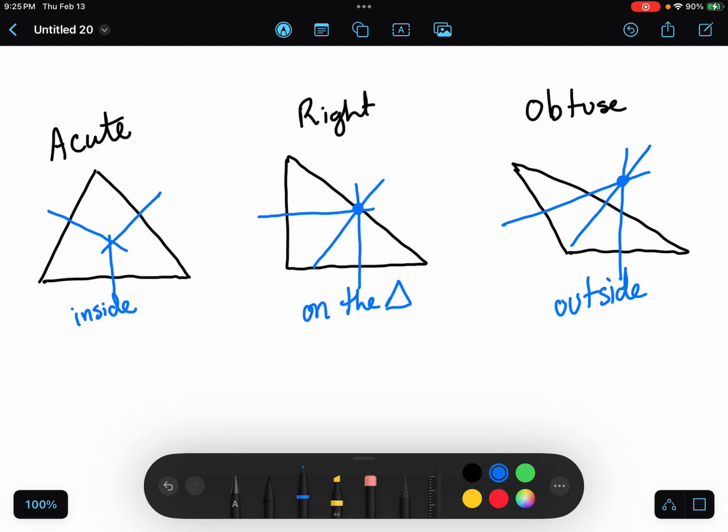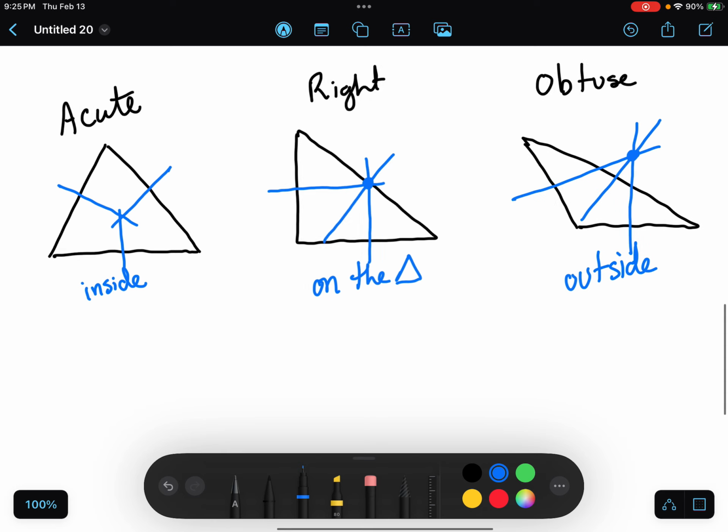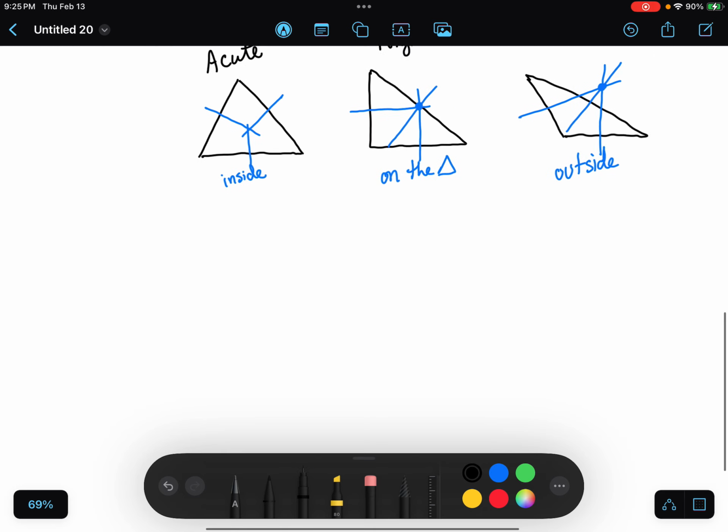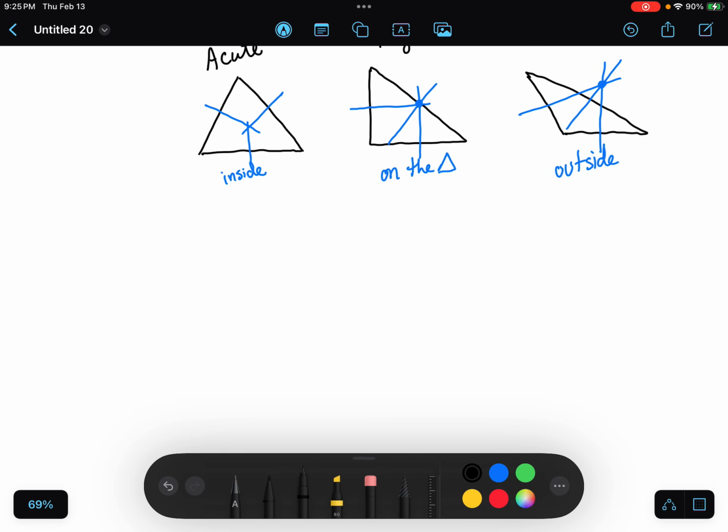Do one like this, if I can find a good example of one. Yeah, I better do one like this for you, and then I'll stop this one. So I got a triangle.